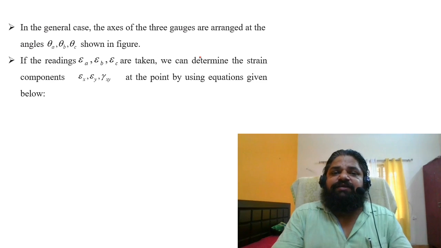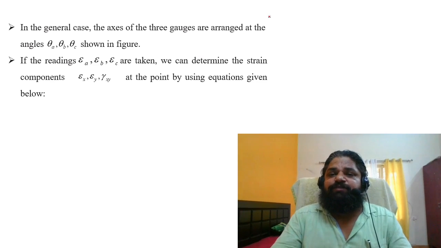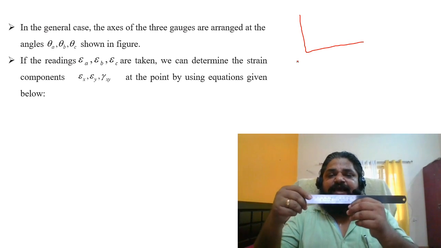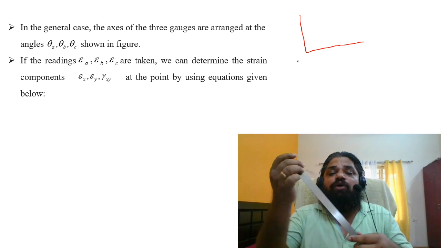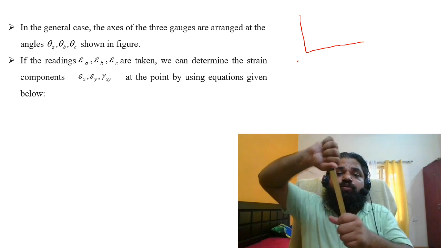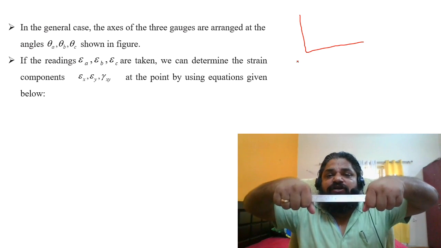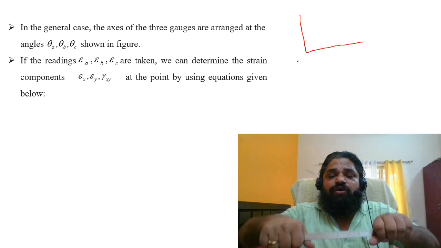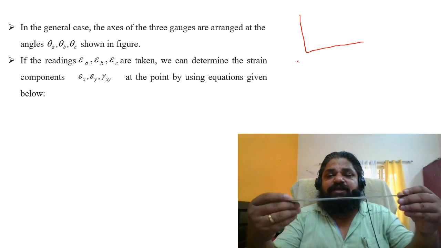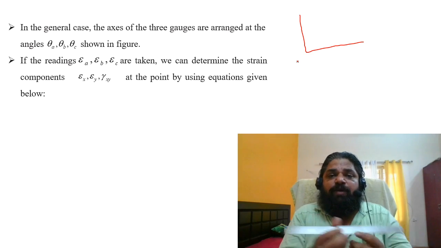In a general case, a minimum of 3 gauges are used. If it is a 2D case, as under a tensile testing condition, we will have 2 faces. Since it is rectangular, it looks like a perpendicular shape.